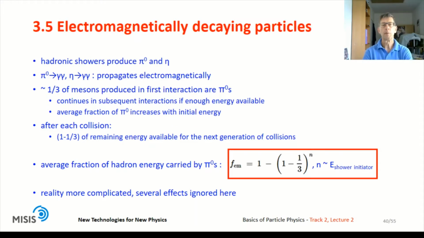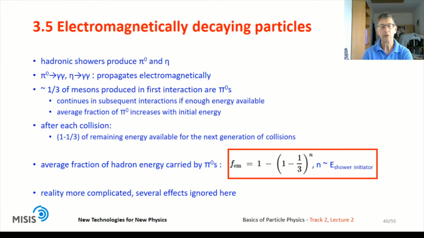Now we can look at the proportion of these hadronic showers that will end up decaying electromagnetically. If you assume that 1/3 of the mesons produced in the first interaction are pi zeros, then these will decay into 2 photons and give an electromagnetic shower.